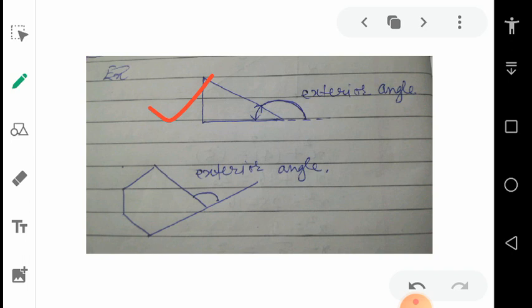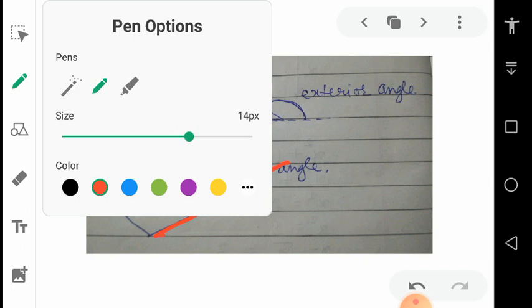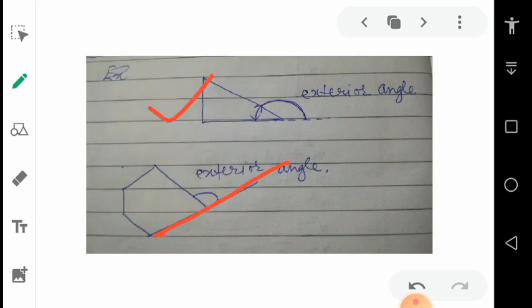One side of this pentagon is extended, so the extended side makes an angle with the adjacent side, the side in the green color. Now an angle is formed, and this angle is called the exterior angle. In this way we can construct many exterior angles, as the number of exterior angles is equal to the number of sides. Similarly, the number of interior angles is equal to the number of sides.